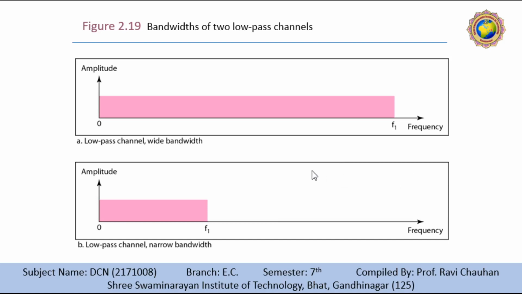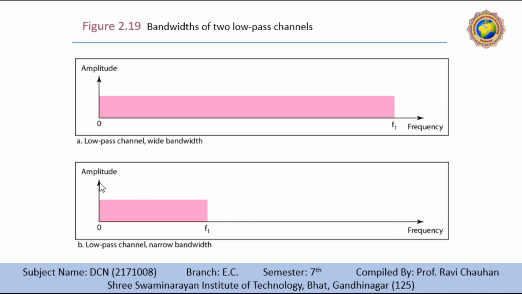We need to remember that a low pass channel with an infinite bandwidth is an ideal, but we cannot have such a channel in real life. However, we can get close.